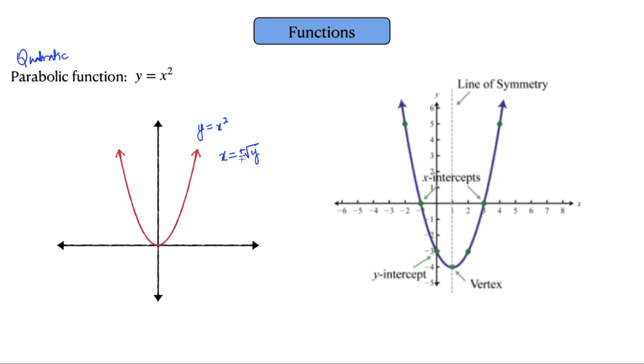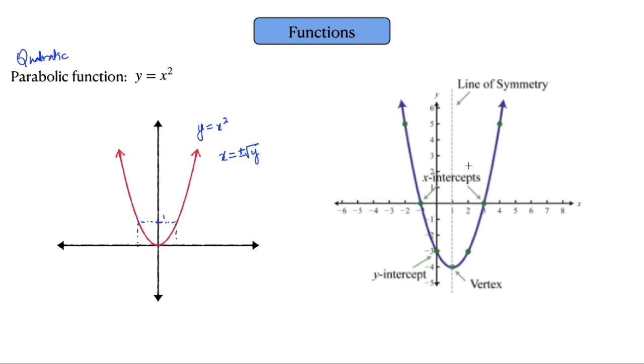So if I put y is equal to, let's say, 1 unit, here I will get two values of x, one positive and one negative. That's what this function tells you.